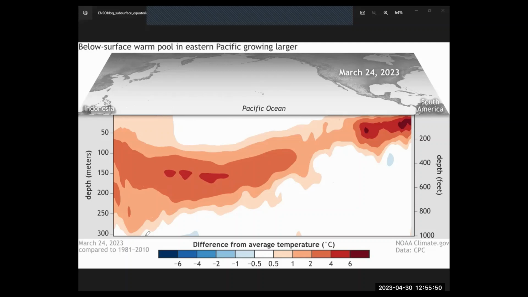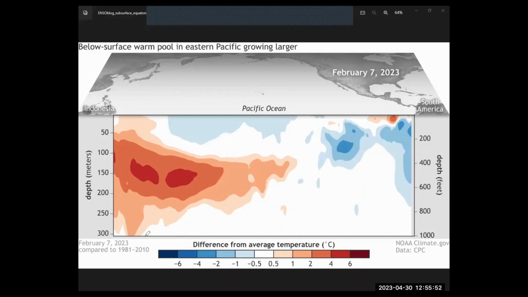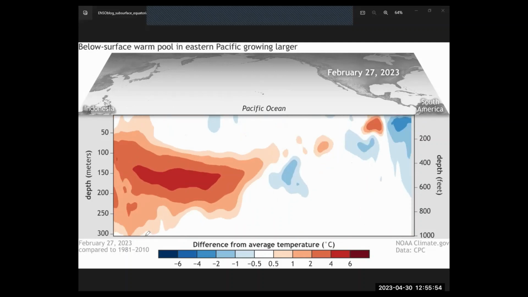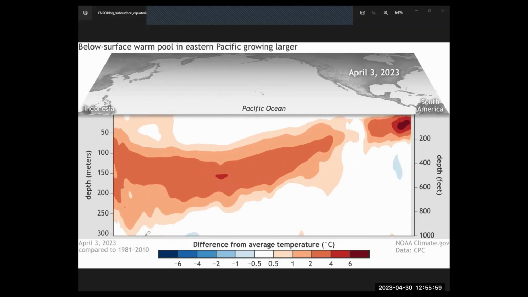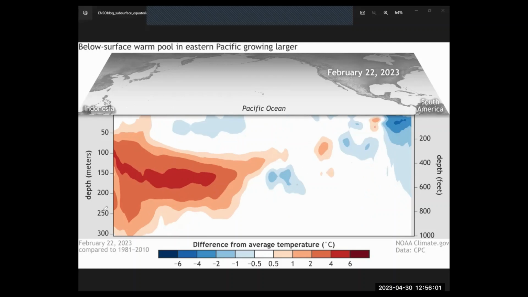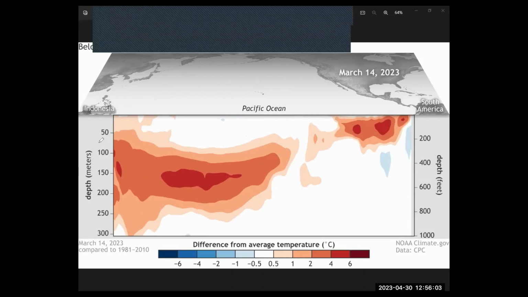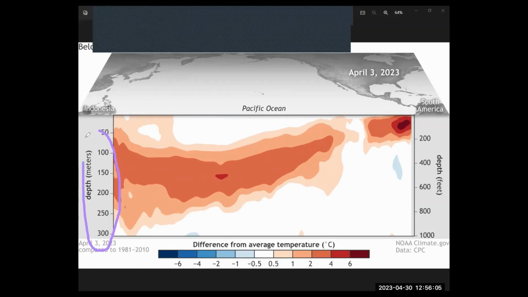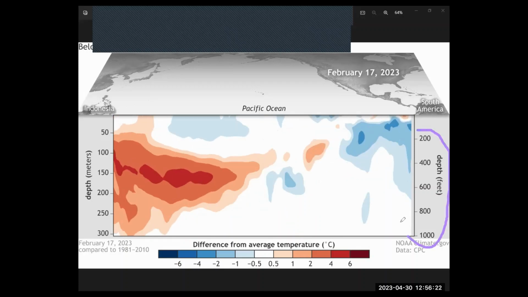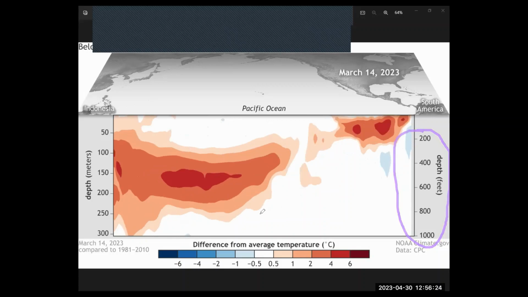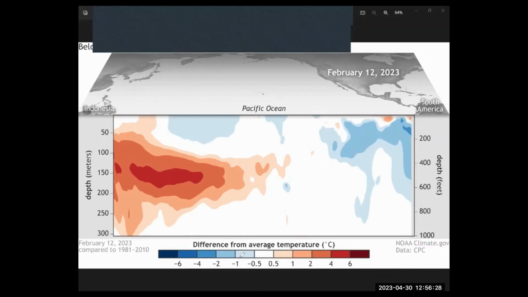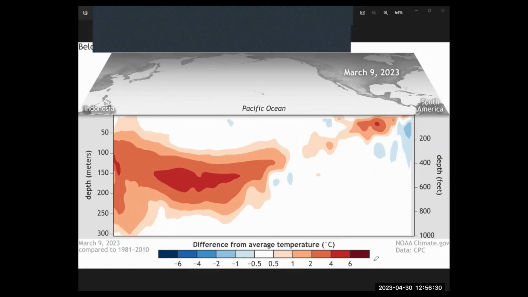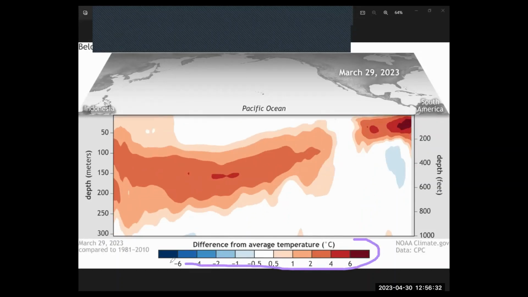What you're looking at here in this diagram is a downwelling phase of the Kelvin wave. You have depth in meters along the y-axis, and the temperature scale is the colors at the bottom.